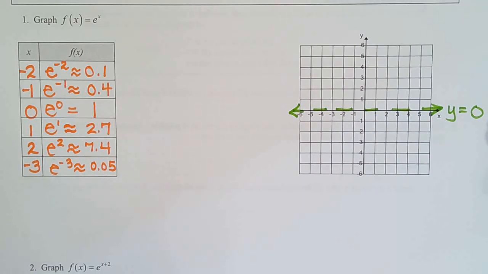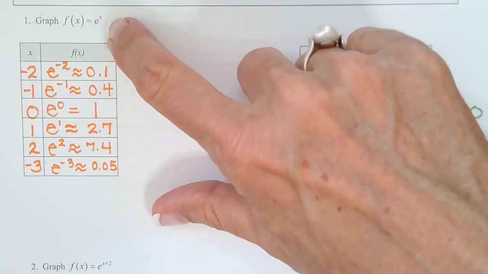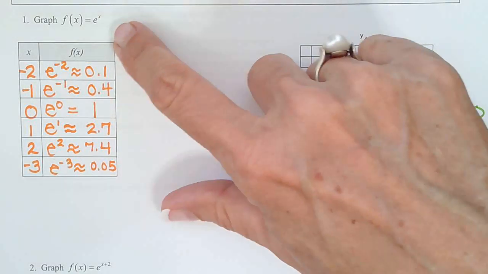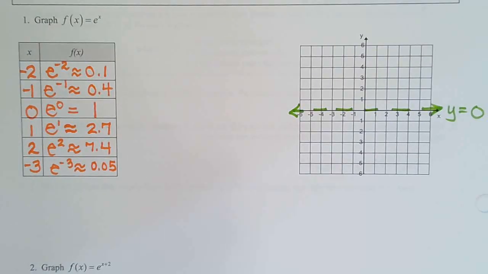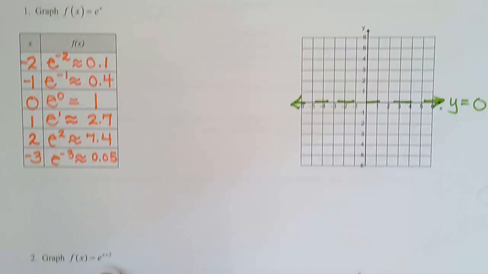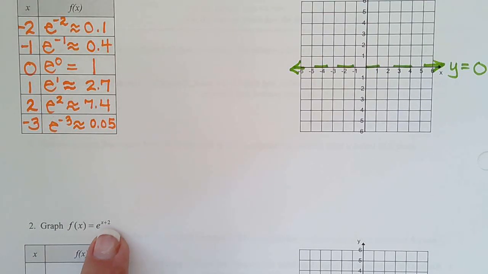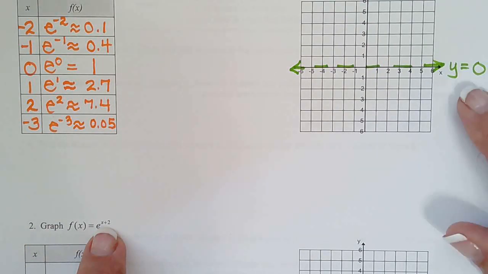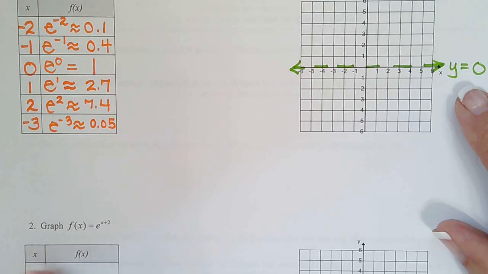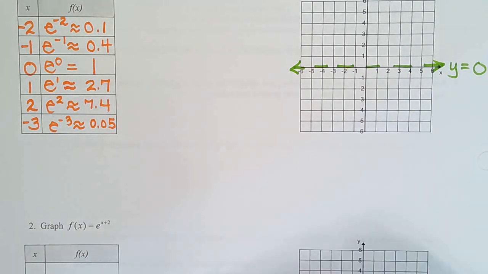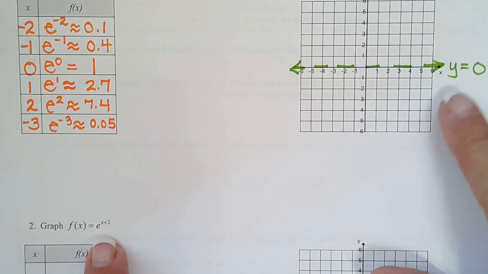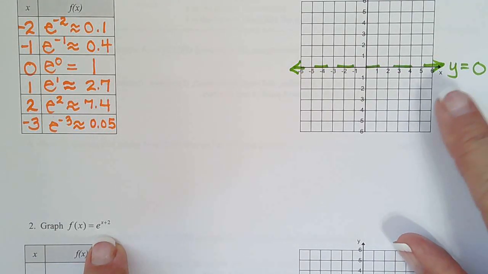You might have to look back at 8.3 just to refresh your memory. So exponentials have a horizontal asymptote at y equals 0 unless there's a +1 added out here or -5 or something of that sort. Like this one, it's still going to be y equals 0, because this is with the x, meaning it's moved left or right. It hasn't been shifted up or down. So it will still have the y equals 0 asymptote as well.